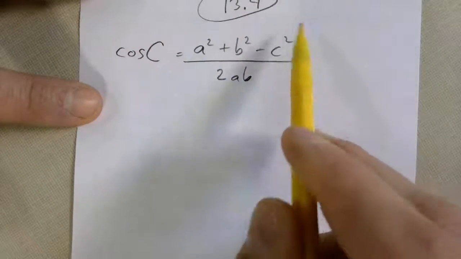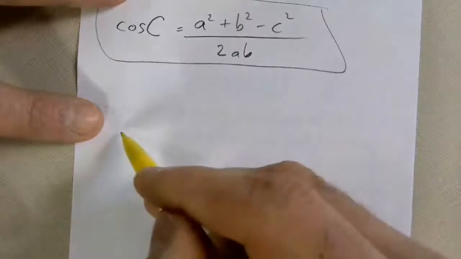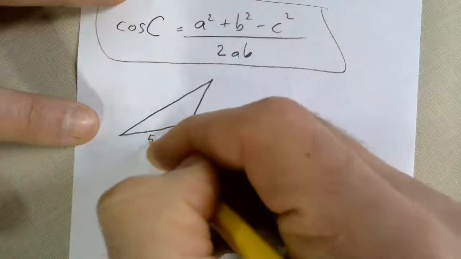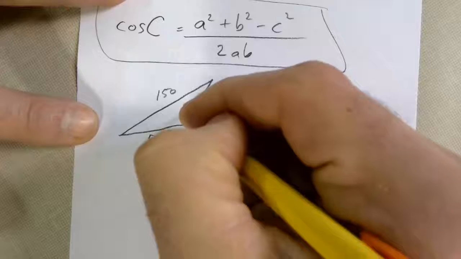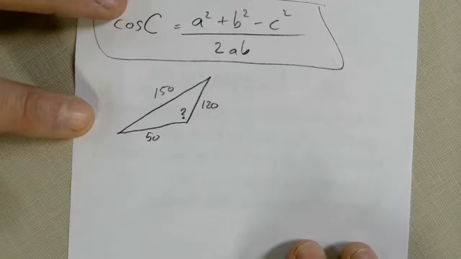Okay, so we're going to use this new version of the law of cosines to help us solve a different situation. Suppose you know all three sides. You know this is 50, this is 150, this is 120, and we want to know this angle.